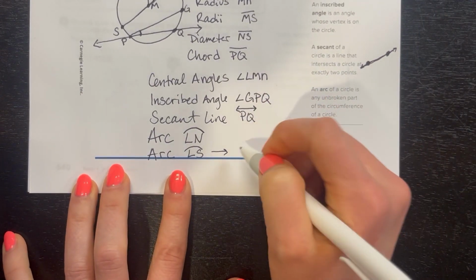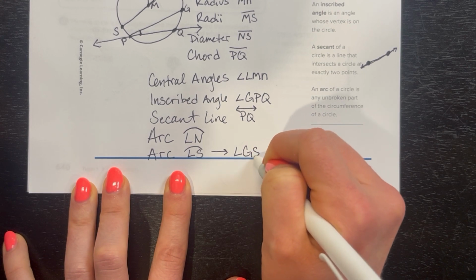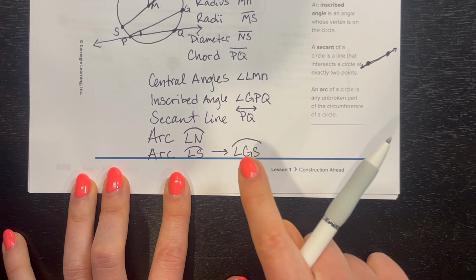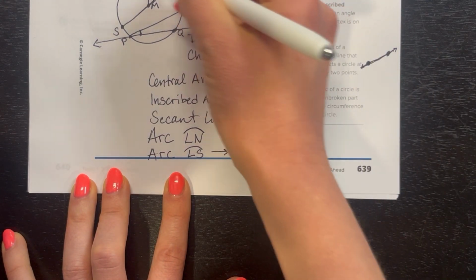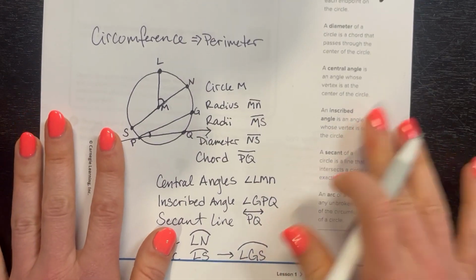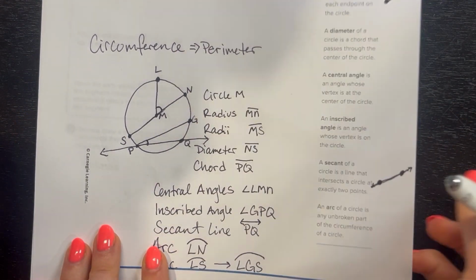So if you wanted to write the 3-letter name LGS, this helps specify that you mean the arc goes the long way. We call this arc a major arc when it's long like that, but that's another Math 2 skill. So this is where I'd like you to get today if possible, and then I'm going to make a new video for the rest.